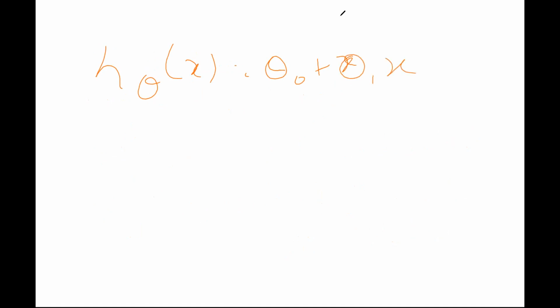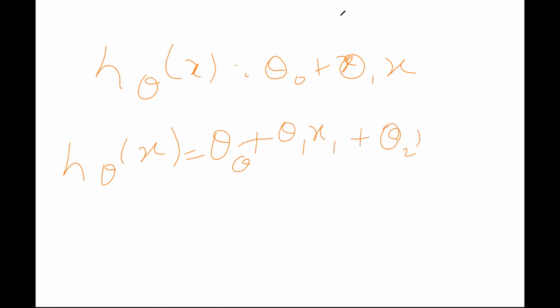Now we have multiple features, so we will write h theta of x equals theta naught plus theta 1 x1 plus theta 2 x2 and so on till the nth point, which will become theta n xn.